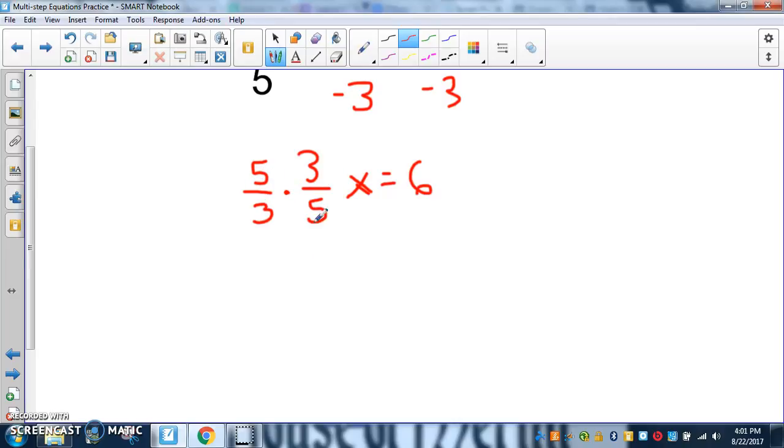Now, the reason why I'm doing this is that it's going to give me 15 over 15. If you remember how to multiply fractions, you do it by multiplying straight across. So 5 times 3 is 15, 3 times 5 is 15. 15 over 15 is equal to 1.